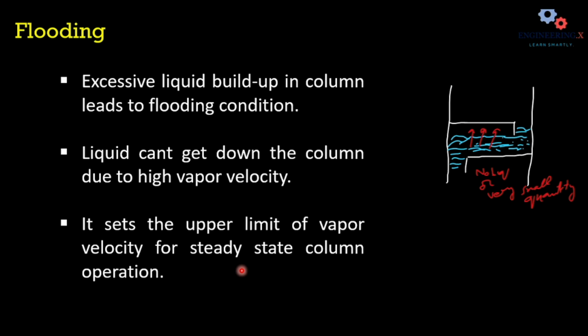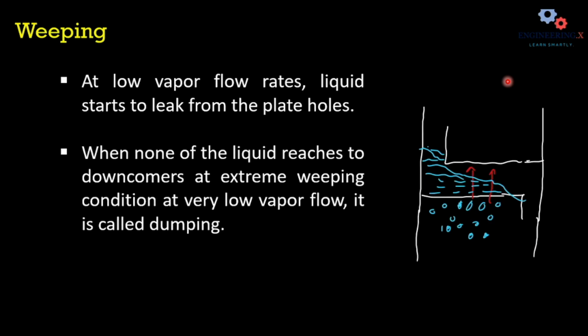And in flooding it also happens that at high vapor velocity the vapor starts to take the liquid itself, and it's called entrainment. Okay. And the second concept is called weeping.